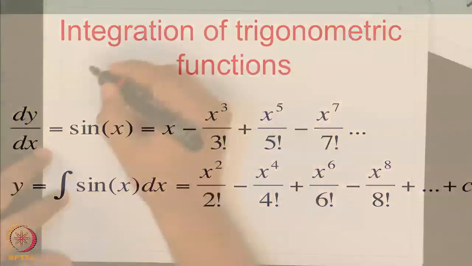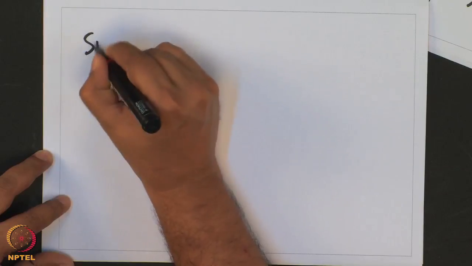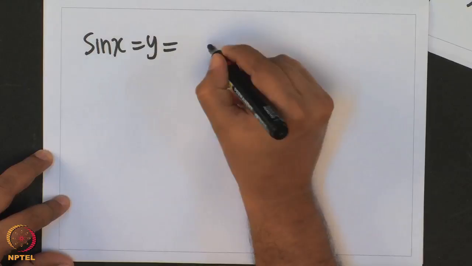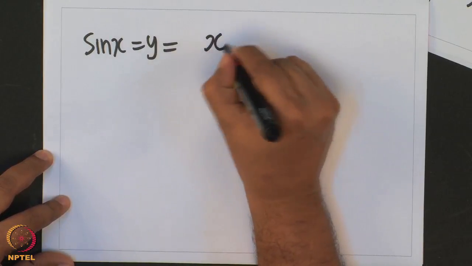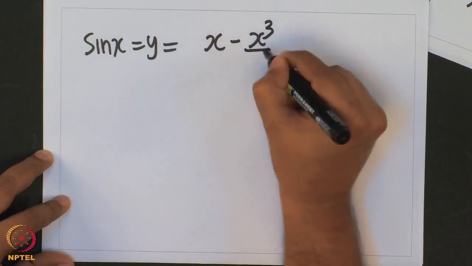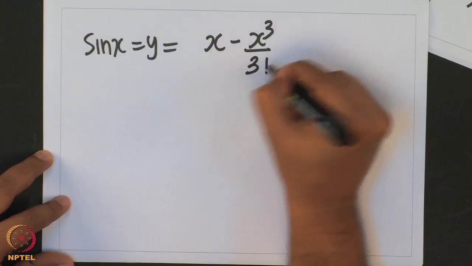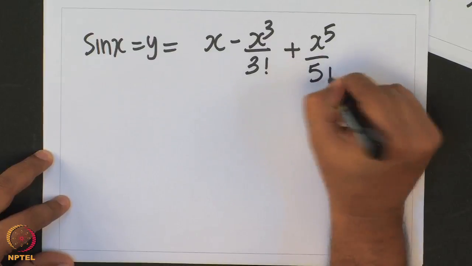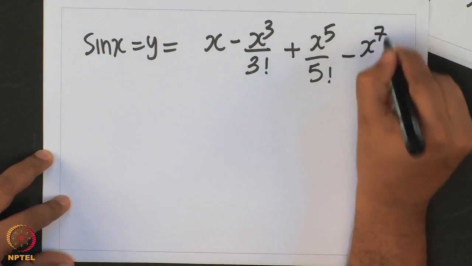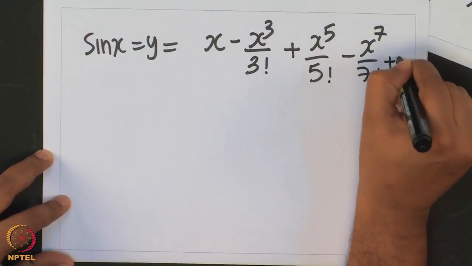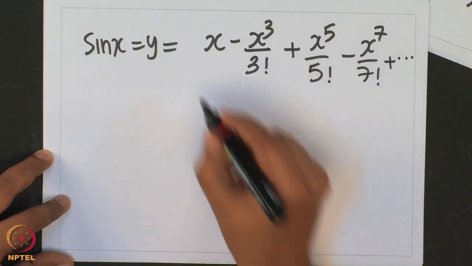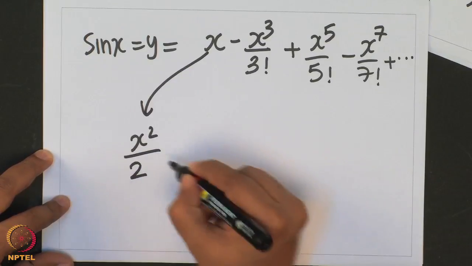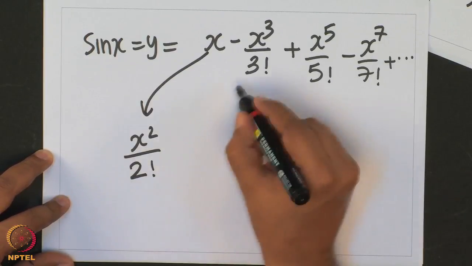Let us look at this function sin x, which is our y, which is nothing but x minus x cube by 3 factorial plus x power 5 by 5 factorial minus x power 7 by 7 factorial plus dot dot dot. Now the integral of x is x square by 2, which is nothing but 2 factorial.